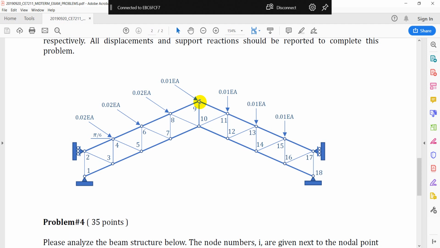The starting node has to be consistent. If you just switch things around, that could be a catastrophe. Now for this one, let's do the starting node on the left and the ending node on the right, so the larger number will be on the right as the ending node. So here the cosine is positive, but the sine value is negative.